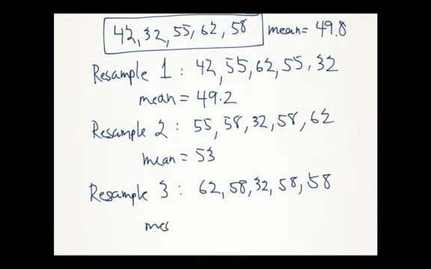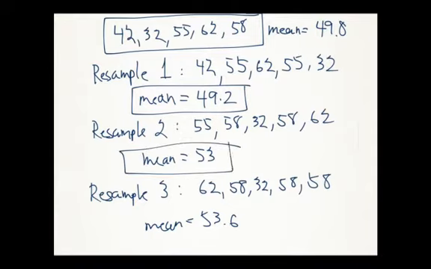And the mean here would be 53.6. Okay? So now I have 3 resampled means, 49.2, 53, and 53.6. And I can just keep repeating this process, and then I'd get a distribution of means. And since I have a distribution, I could calculate its standard deviation.